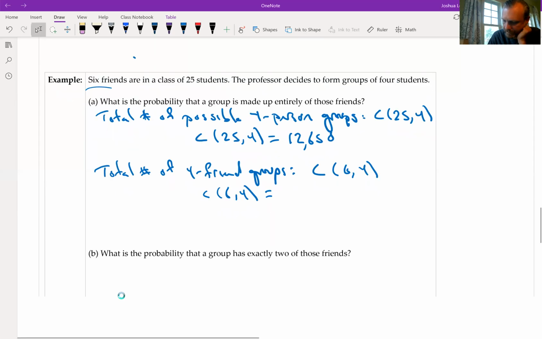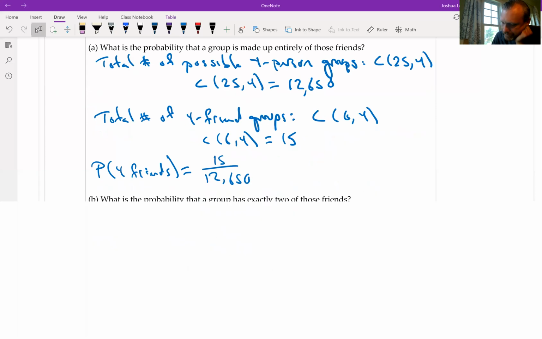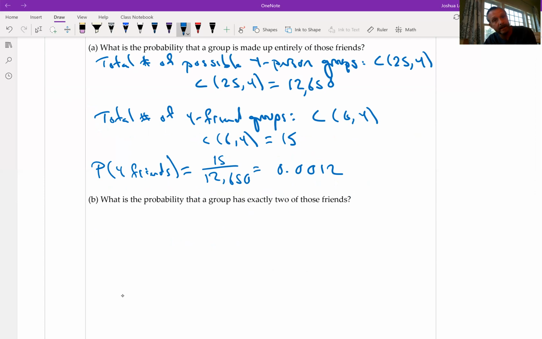Okay. And so the probability that you have all 4 friends is going to be 15 over 12,650. I'm going to go out 4 decimal places, so 0.0012 if I'm rounding.